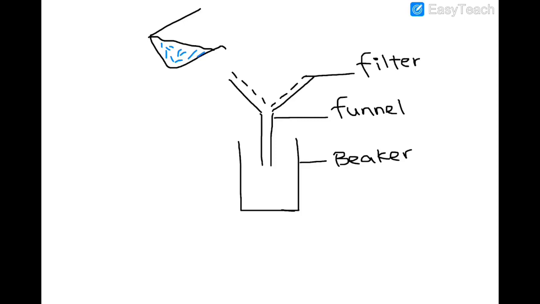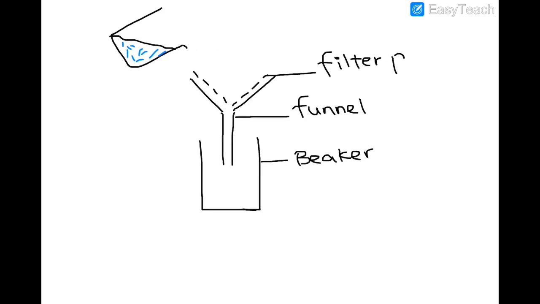The filter paper has very tiny pores that will allow the liquid to move out, but is going to prevent solid particles from passing through that paper. So all the solid particles from the mixture are going to remain on the filter paper, and then all the liquid is going to deposit in the container.